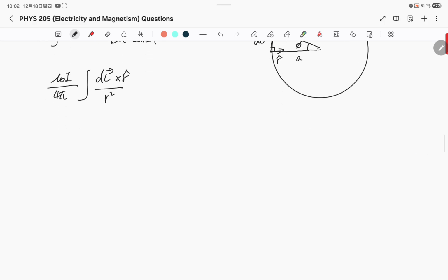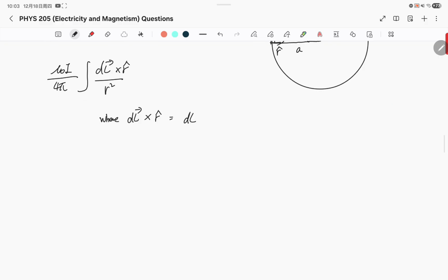So where dl cross r hat gives me dl. Look, I'm not writing the unit vector or the vector arrow symbol in this case because I'm writing the magnitude of this value times 1. Unit vector r has a value of 1, and what matters is the direction it forms, times sine 90.